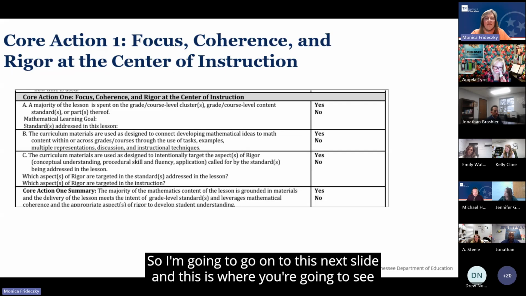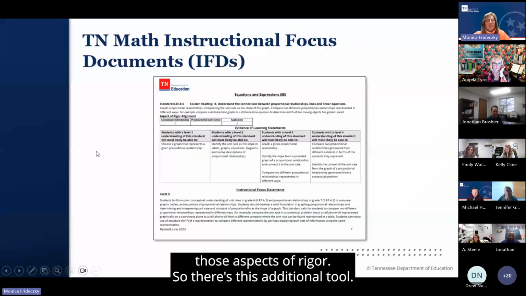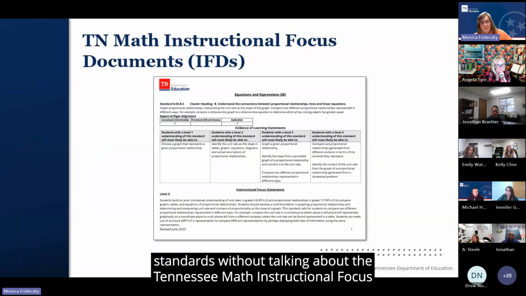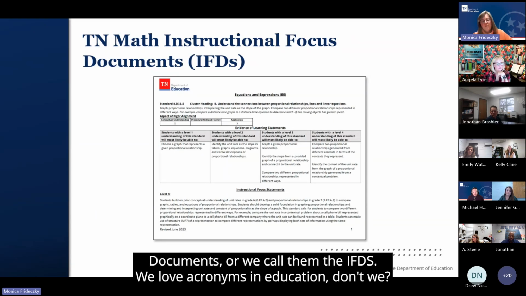So I'm going to go on to this next slide, and this is where you're going to see those aspects of rigor. There's this additional tool. I know today is about the IPG, but we can't talk about the IPG and standards without talking about the Tennessee Math Instructional Focus Documents, or we call them the IFDs. We love acronyms in education, don't we?